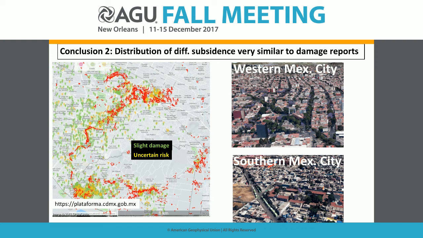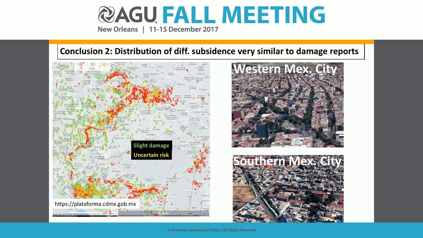Any other questions? Okay, Arturo? This conclusion suggests that the distribution of the damage reports is related to the subsidence or to the fractures. Yes.